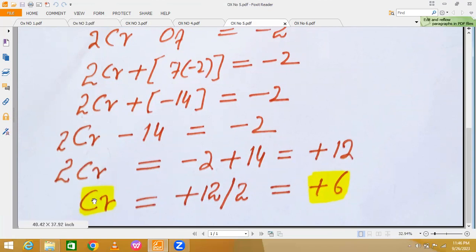Determining for only one Cr, we divide +12 by 2 and get +6. So the oxidation number of chromium in the dichromate ion would be +6.